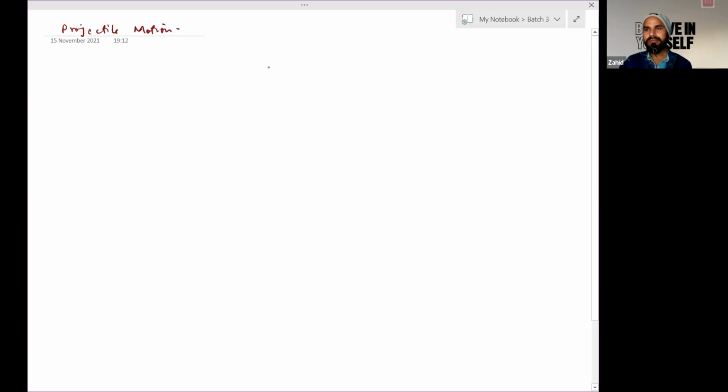So first, what do you mean by projectile? You'll say motion of a body in a two-dimensional plane that covers both x-axis and y-axis together, under the effect of gravity alone, is termed as projectile motion.